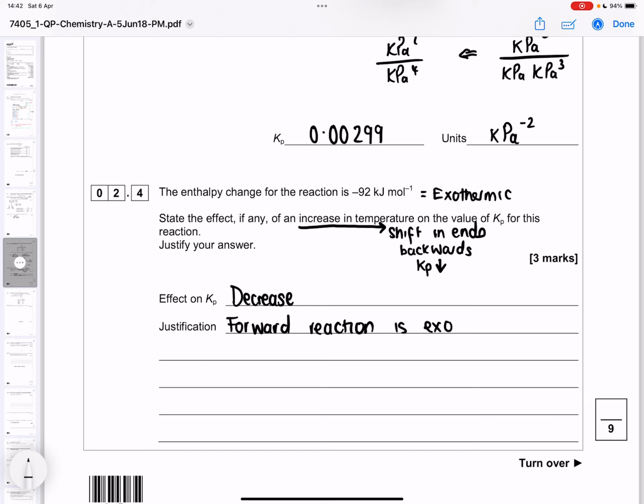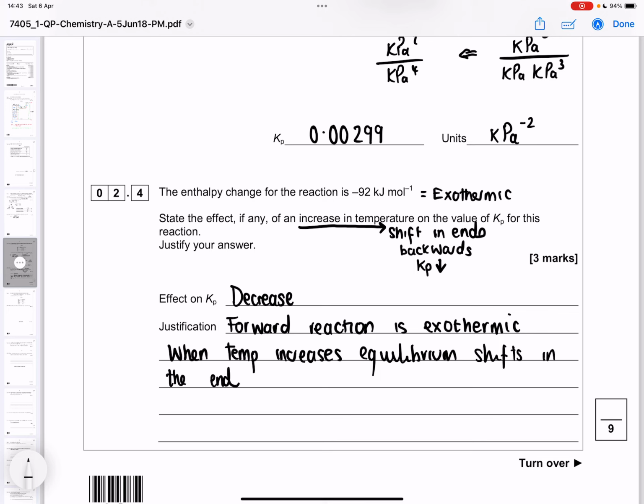Next thing, when temperature increases, equilibrium shifts in the endothermic direction to oppose the increase in temperature. Always state Le Chatelier's, which is to oppose the change, in this case the increase in temperature. So Kp decreases.